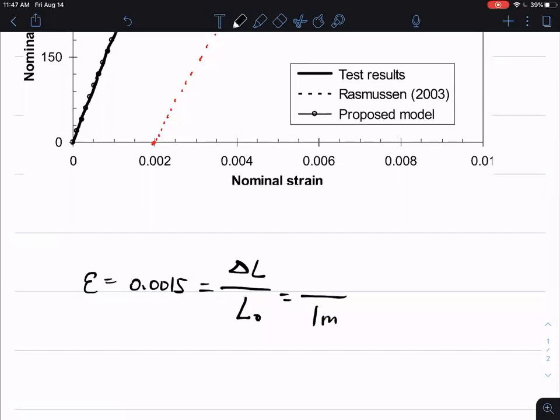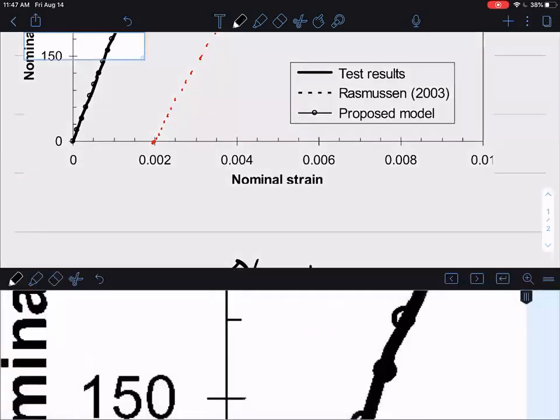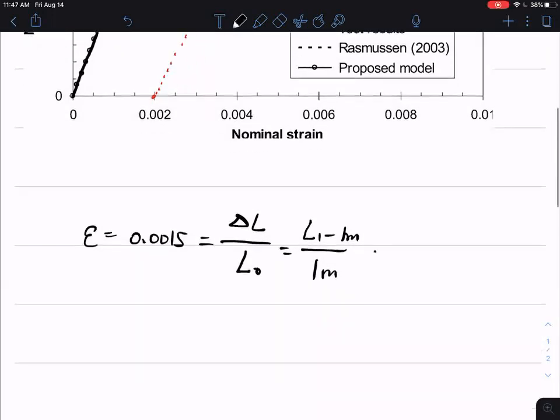On the top, delta L is the new length minus the original length, L1 minus L0, which is 1 meter. L1 is what we're trying to find. This whole thing equals 0.0015.